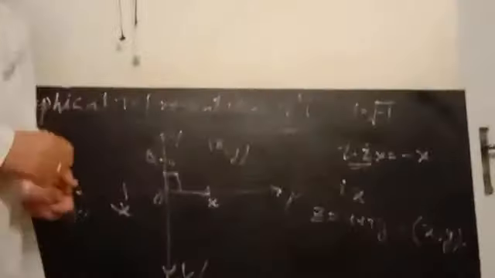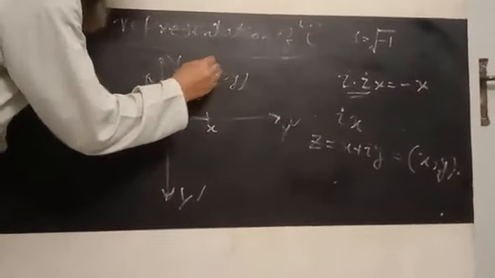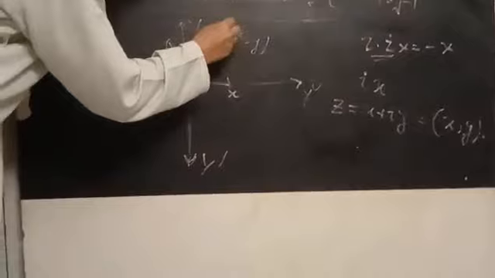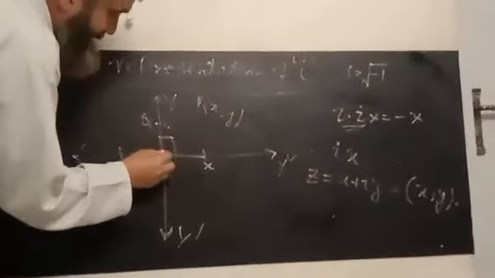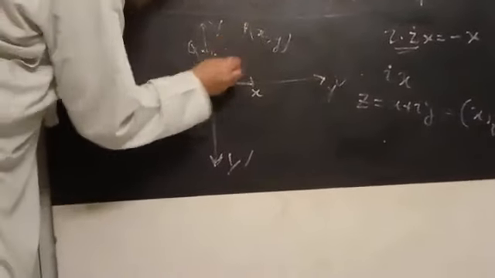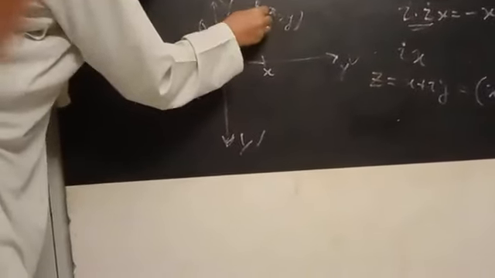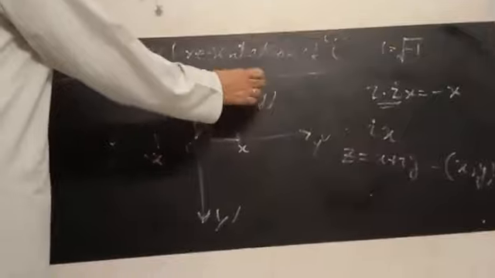So if we want to represent any complex number here p, we will represent it by a point p (x, y) in the xy plane, and we will join this by a vector OP. This representation of complex number by the points in the xy plane is known as Argand diagram.